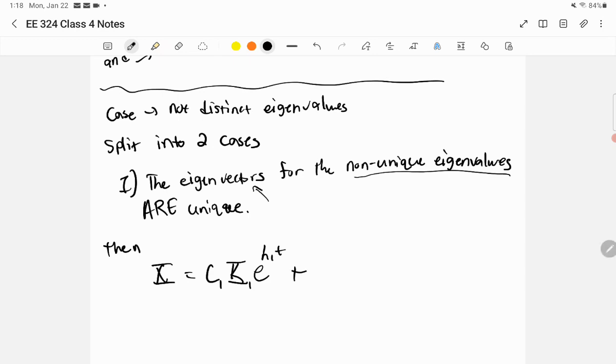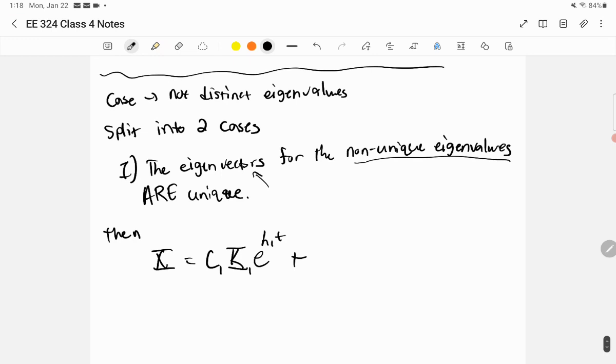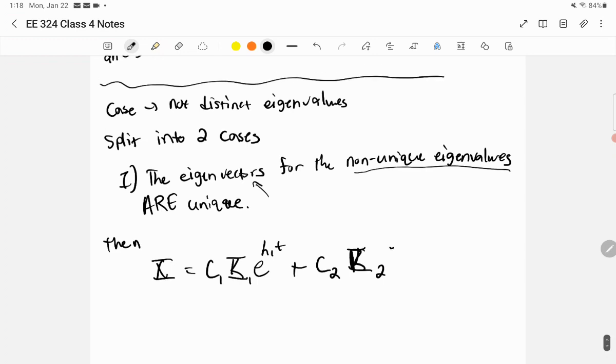But then I'm assuming that the non-unique one right now is lambda 1. So then it's going to be c2 k2 times e to the lambda 1 t plus dot dot dot plus cm.